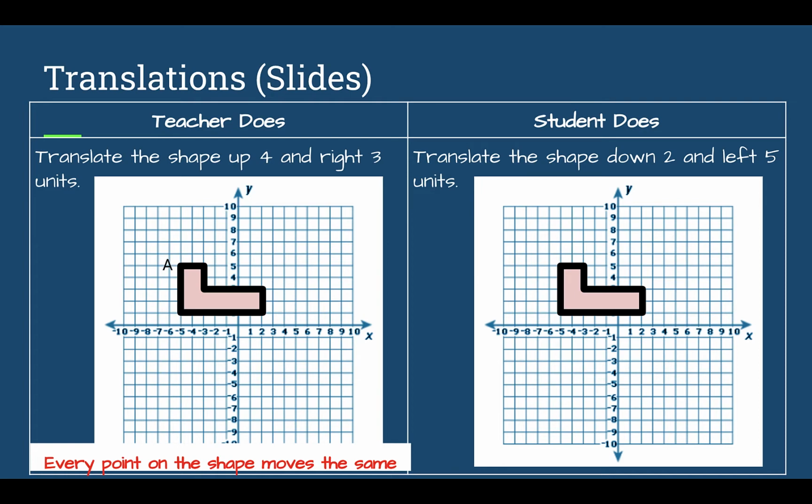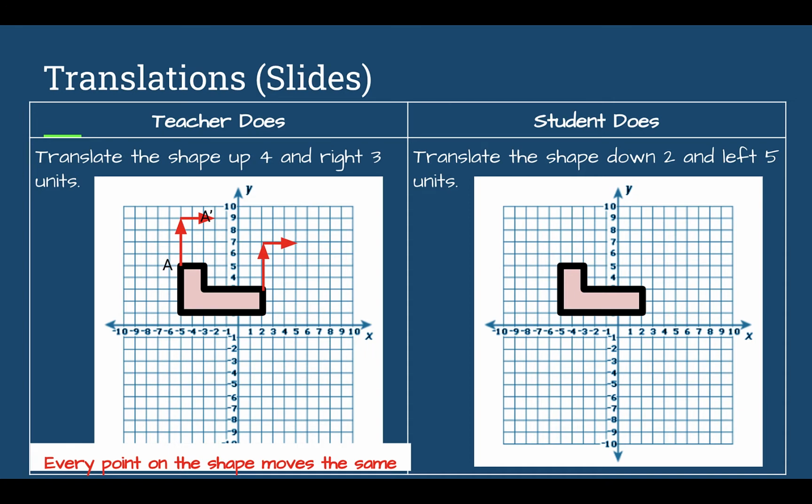Let's say that top corner of our L shape was point A. We're going to move that up 4 and to the right 3, as shown by the arrows. That would be where A prime is located. Remember, the primes are where your image is. So each point is going to be moved up 4 and over 3.